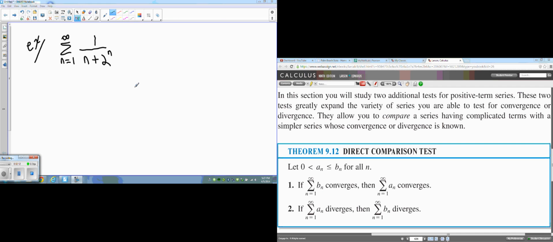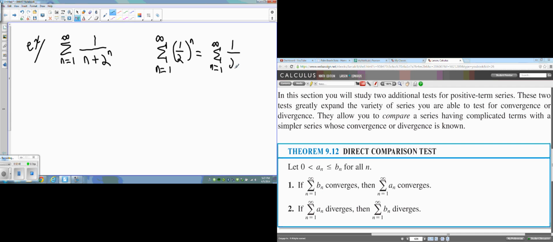Looking at this, I view this as being very similar to the sum from n equals 1 to infinity of (1/2)^n, which can also be written as the sum from n equals 1 to infinity of 1 over 2^n. This is a geometric series, and because the ratio is 1/2, this geometric series will converge.